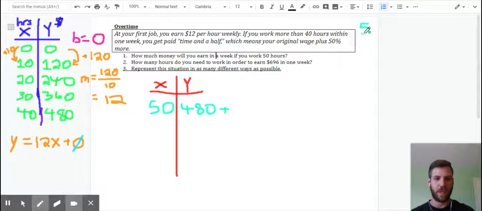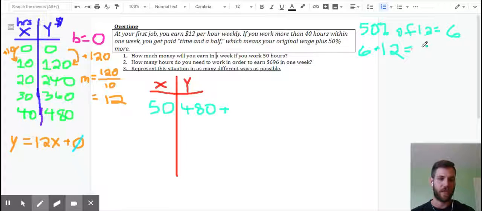So 50% of 12 is equal to 6. And I can then add 6 plus 12, which would be the same thing as 50% plus 100%, giving me 18 total.